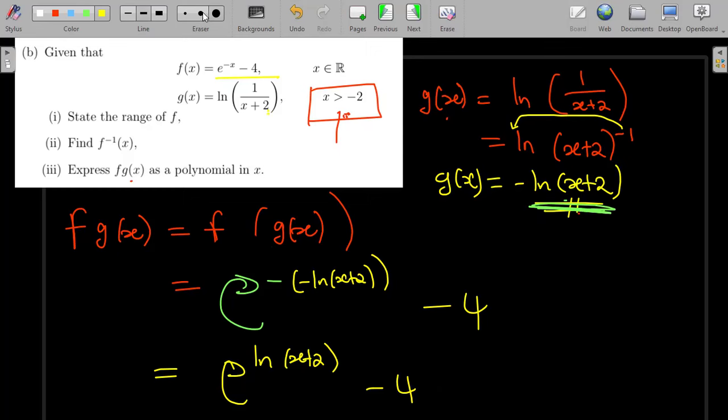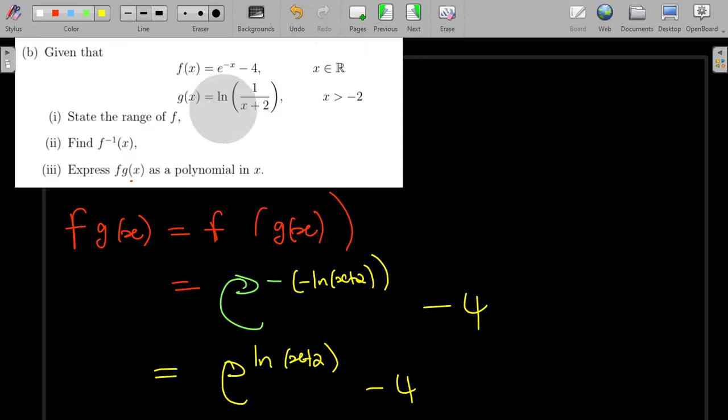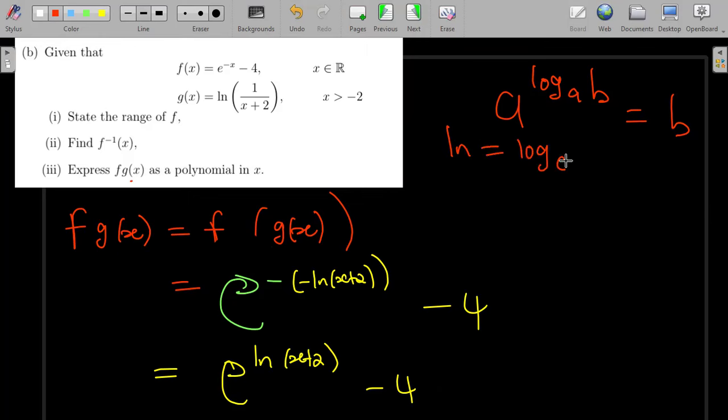So now here, we have to remember the properties of exponentials. We said if I have a to the power log base a of b, this is the same as what? b. So this is the situation that we see here because ln is the same as log to base e. So what I have here is e, and the ln, I replace it with log base e and then x plus 2.